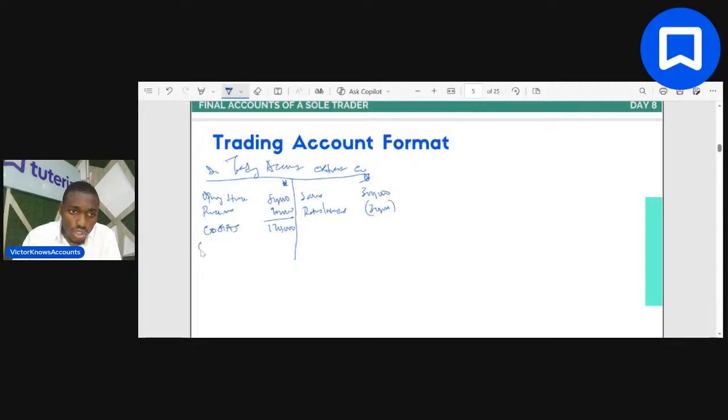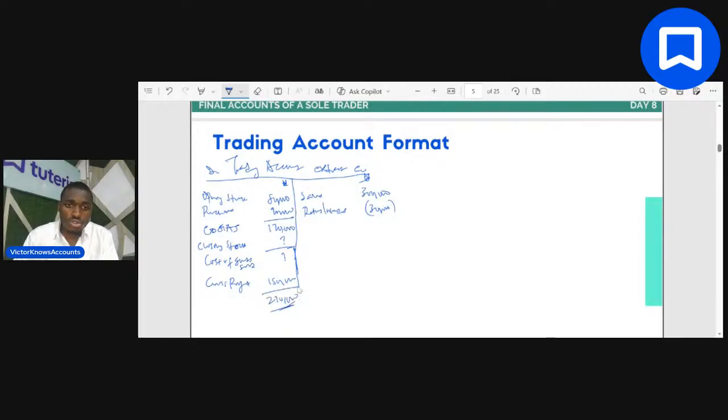Then you have your closing stock. Now, this your closing stock is an unknown figure. Then there is also an unknown figure here, which is your cost of goods sold. Then you have your gross profit to be 150,000.